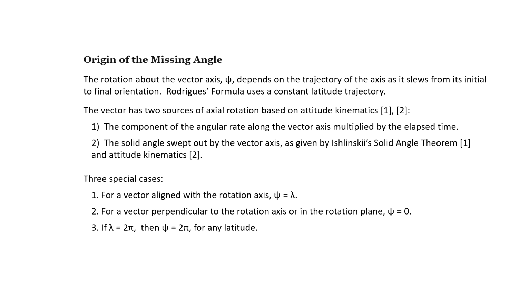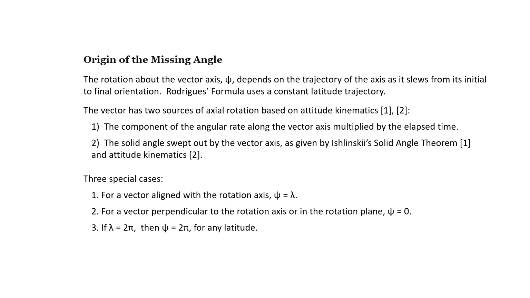Now the origin of the missing angle, as I said before, is primarily the solid angle enclosed as the vector slews. So the vector slewing motion encloses a solid angle, and that solid angle produces a rotation. There's also an angular rate component to it that also gets added in.